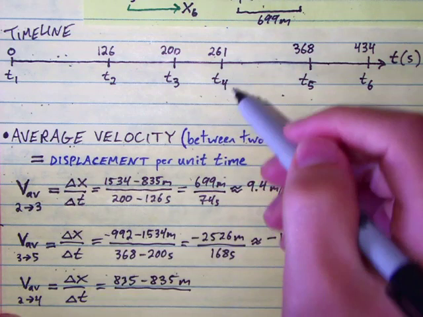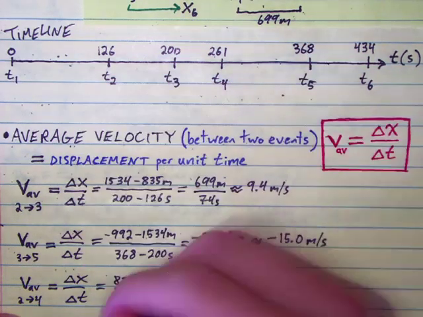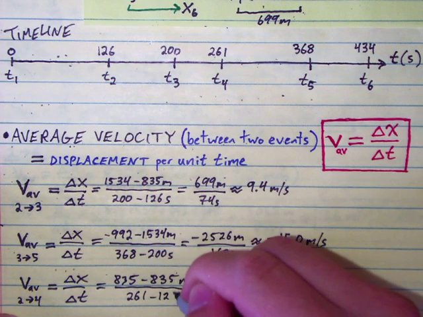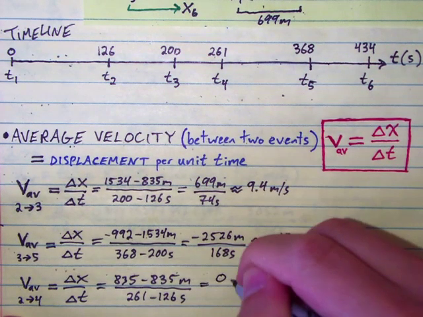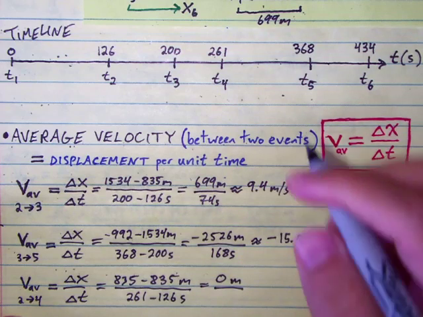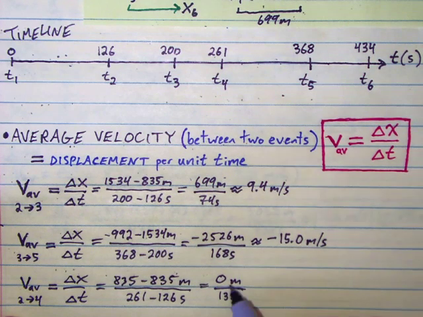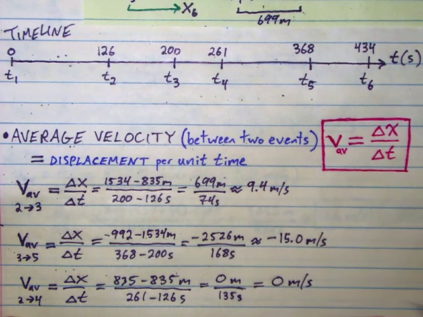Change in time, well, event 4 occurred at 261 seconds after 0. Event 2 occurred at 126 seconds after 0, so the change in the clock time, 0 meters over 135 seconds. His displacement was 0, therefore his velocity was 0.